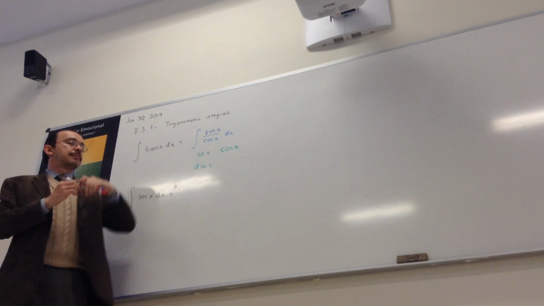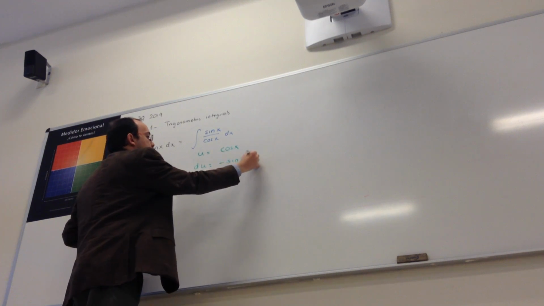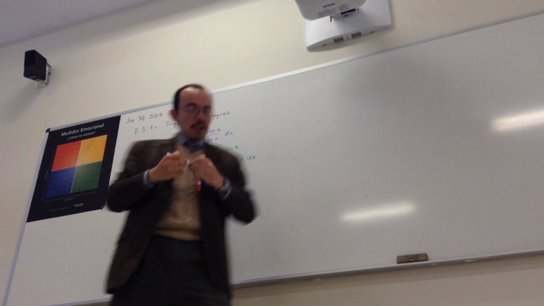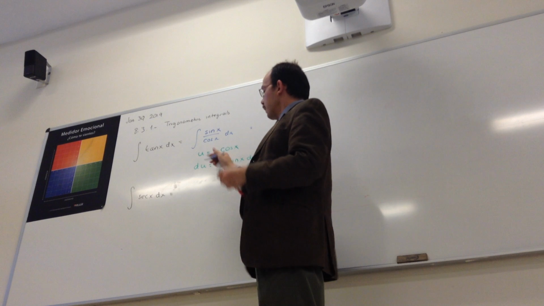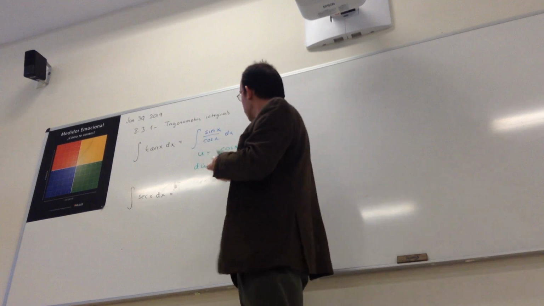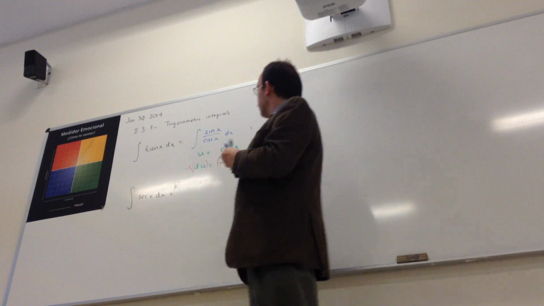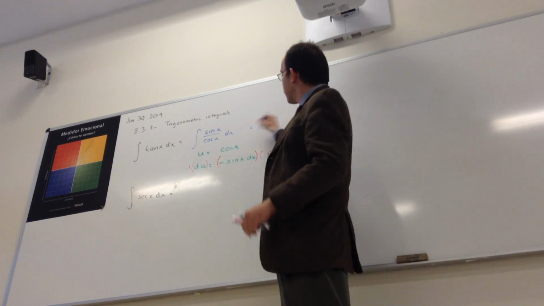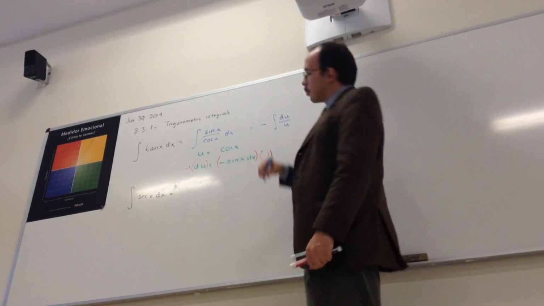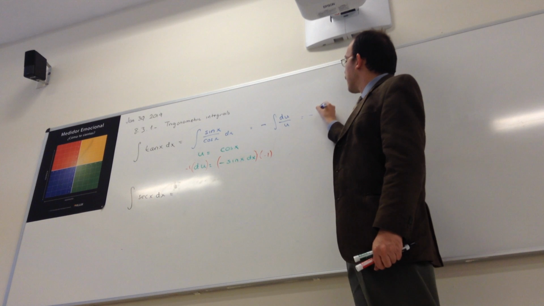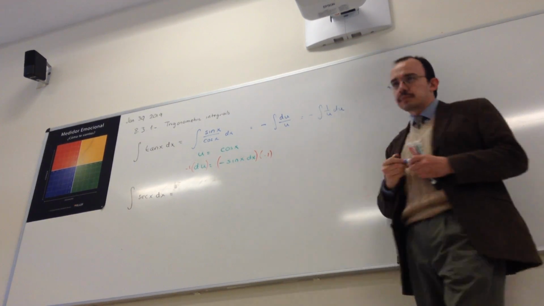¿Cuál es la derivada de coseno? Ajá, negative sine dx. The derivative. So, if I rewrite that, there is no negative, so I multiply by minus. I multiply by minus, so now I have minus integral of du over u, which is minus integral of 1 over u du, same thing.